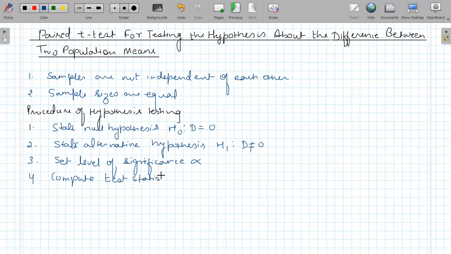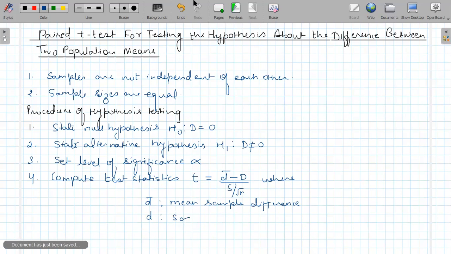Test statistics is given by T is equal to D bar minus capital D over S upon root N, where D bar is mean sample difference, mean of the differences in the samples, and D is sample difference in pairs.